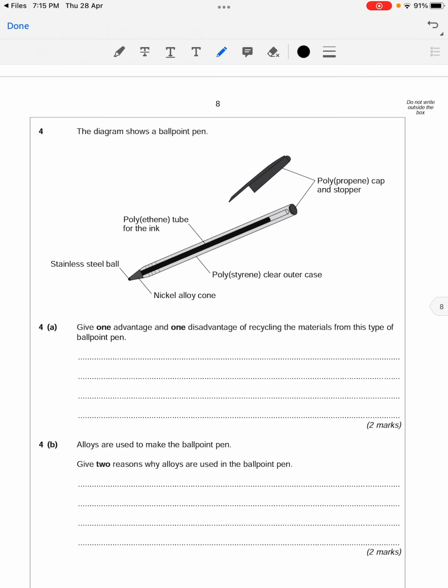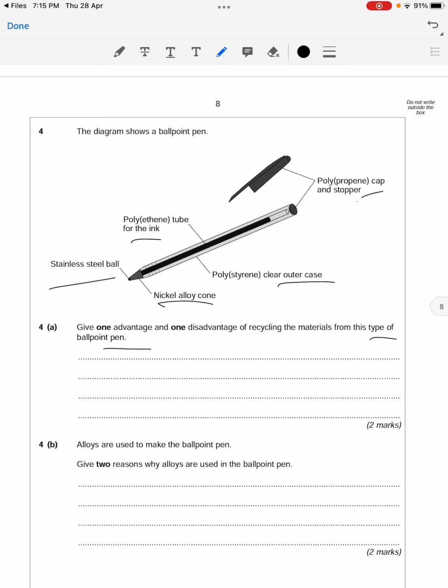Now, give one advantage and one disadvantage of recycling the materials from this type of ballpoint pen. Nickel alloy coin, clear outer case, cap and stopper, ink, stainless steel ball. We have to understand this to give one advantage and one disadvantage.